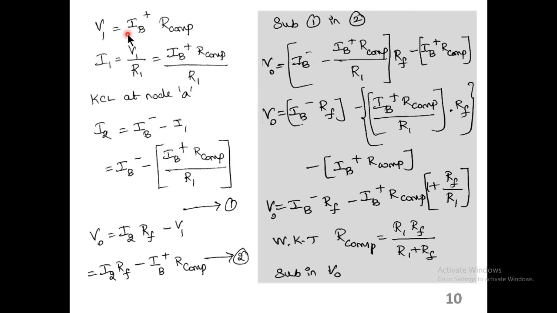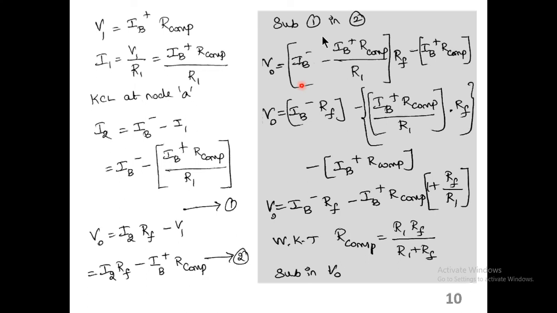By doing the analysis using the T feedback network with a modified circuit with a compensation resistance, or in the basic circuit, by applying KCL at node A we get equation number 1, that is the I2 value. After that, V naught equals I2 into RF minus IB plus into R compensation. It is equation number 2.